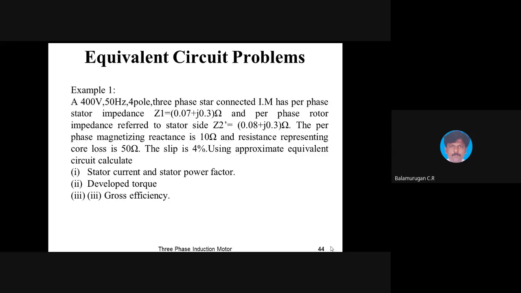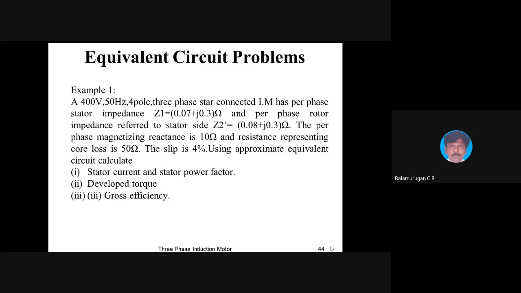So for I2 dash, we take the total voltage divided by the total resistance and reactance of the circuit. The total resistance is R1 stator, R2 dash rotor, and the load, and then the stator reactance and rotor reactance referred to stator. Now you substitute the values and find the terms.